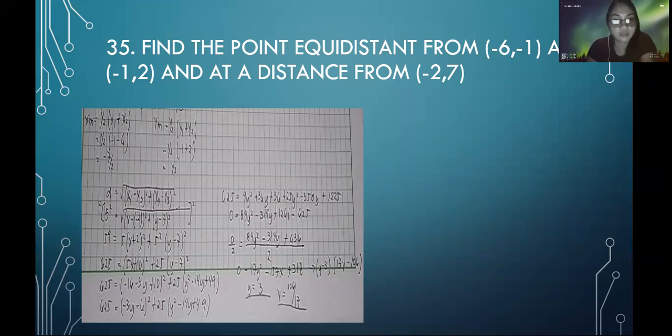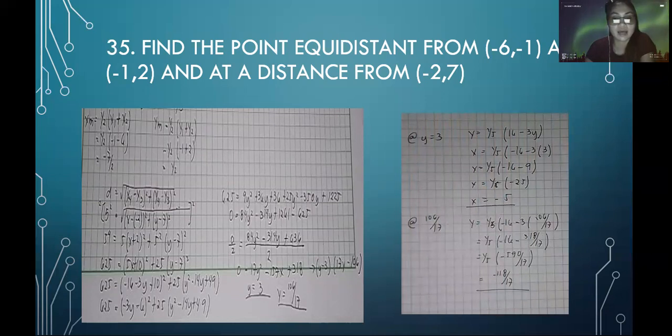So 0 is equal to 84y squared minus 314y plus 636. Then divide both sides by 2, so 0 is equal to 17y squared minus 157y plus 318. So the value of y is equal to positive 3, and the other one is 106 over 17.